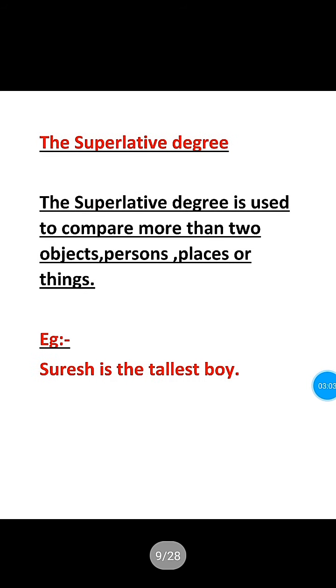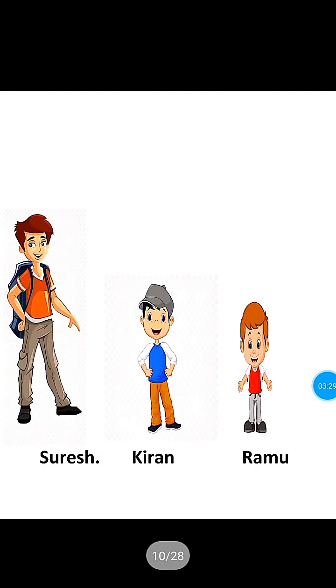Then go to the superlative degree. The superlative degree is used to compare more than two objects, persons, places or things. Example, Suresh is the tallest boy. Look at this picture. Suresh, Kiran and Ramu are there.